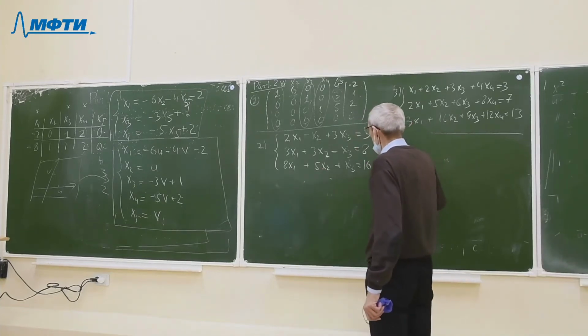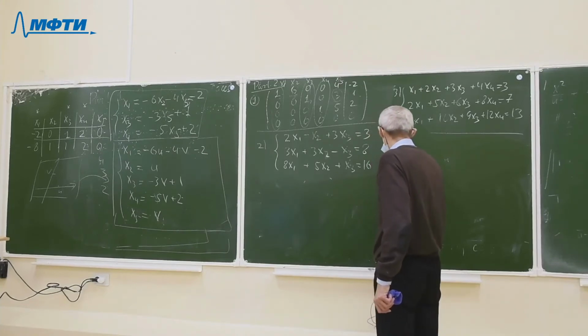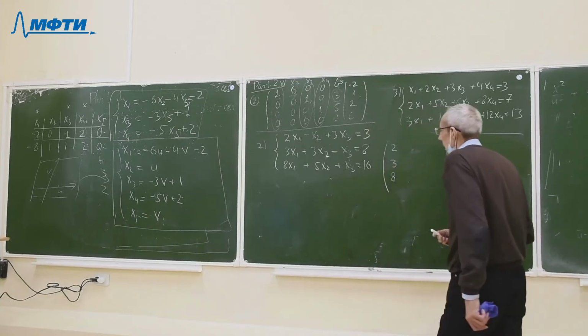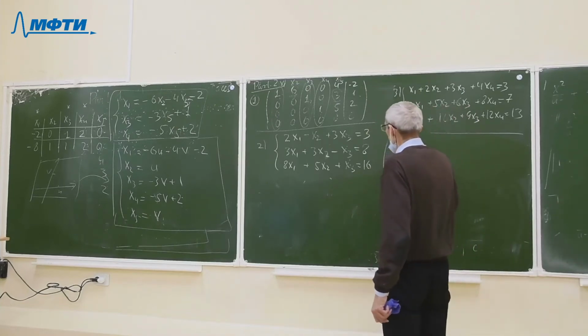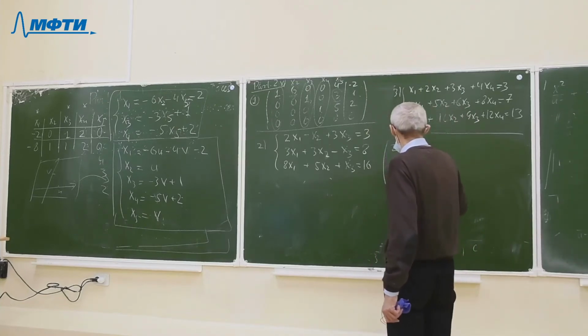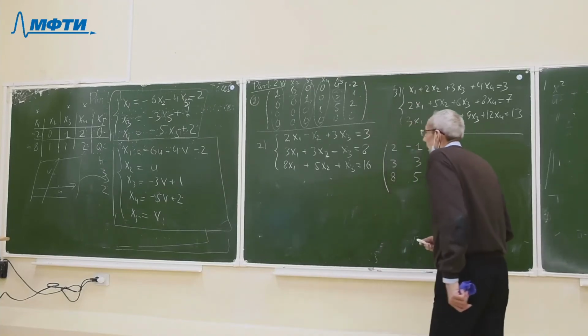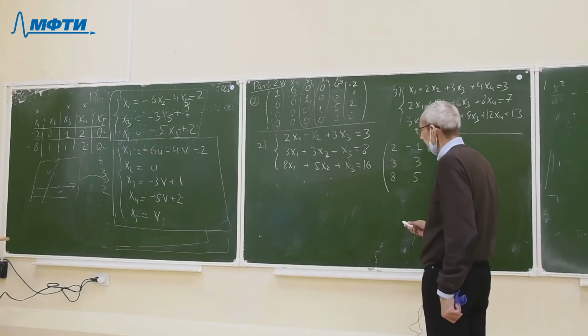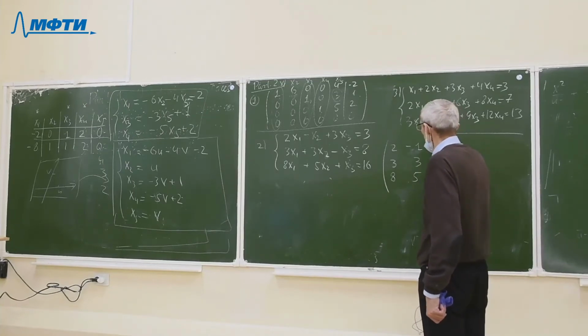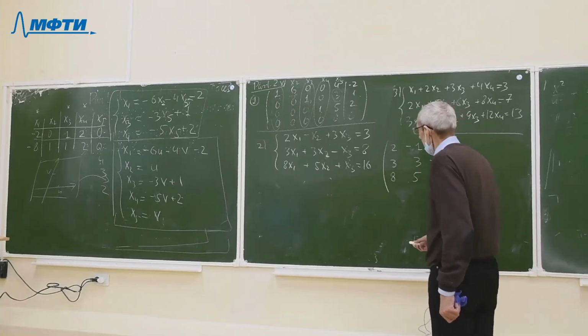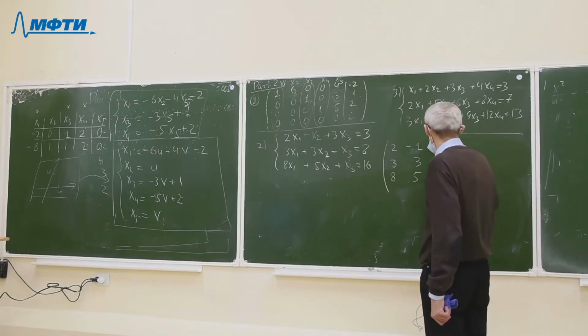The first column, in our case, is 2, 3, 8. The second, -1, 3, 5. The third, 3, -1, 1.